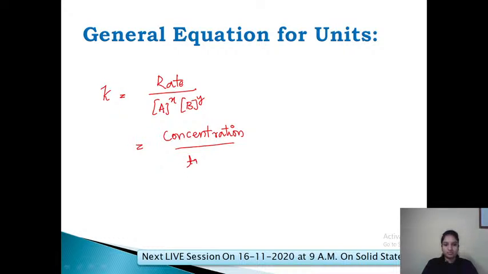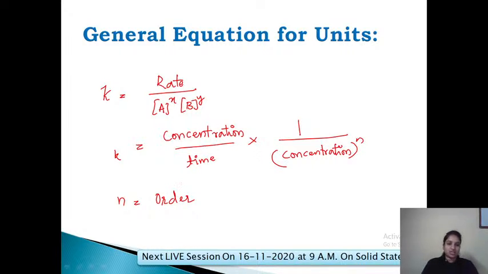And this is concentration, so I can write 1 upon concentration raised to n. So this is the general equation, where n is equal to the order of the particular reaction.